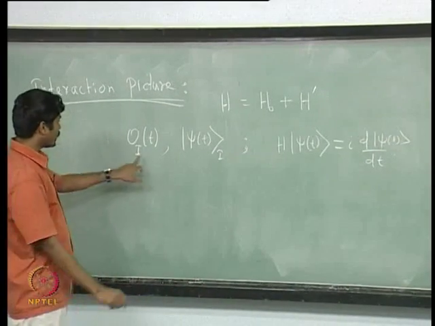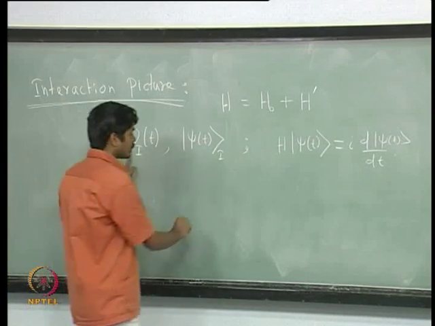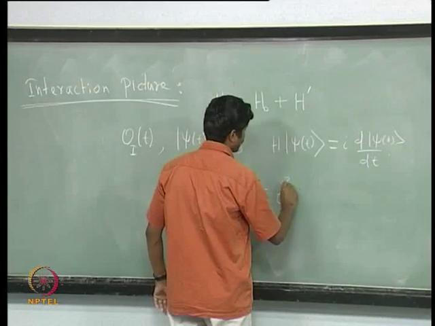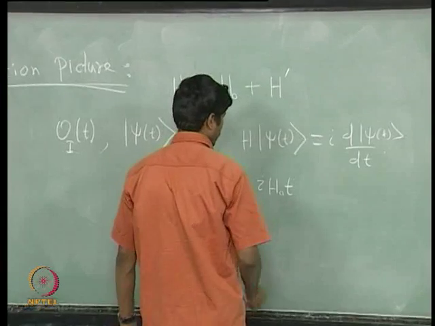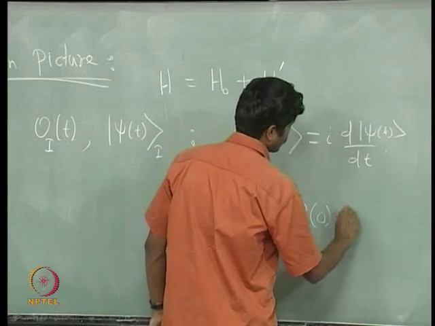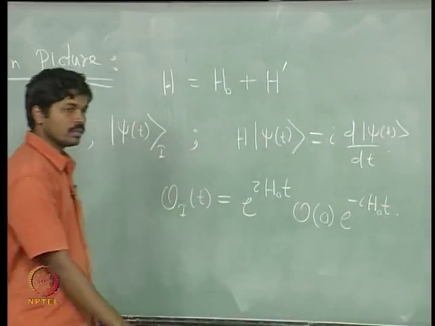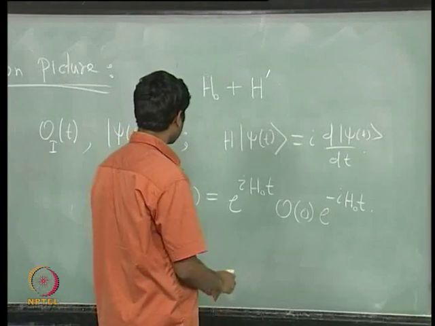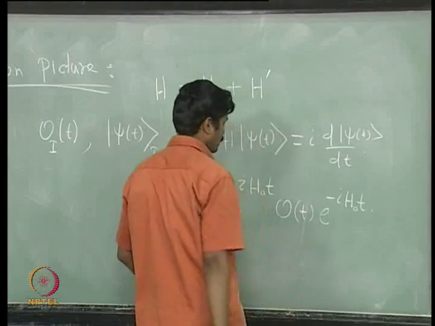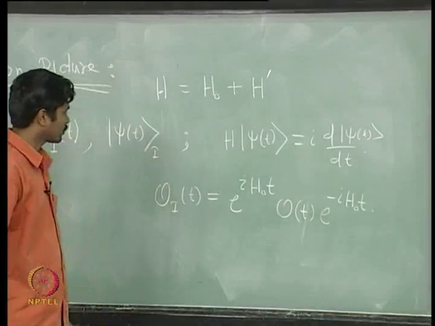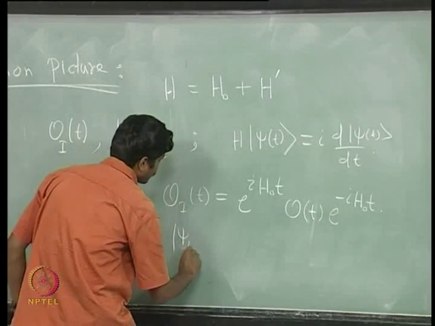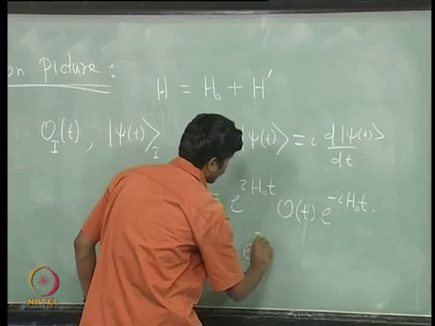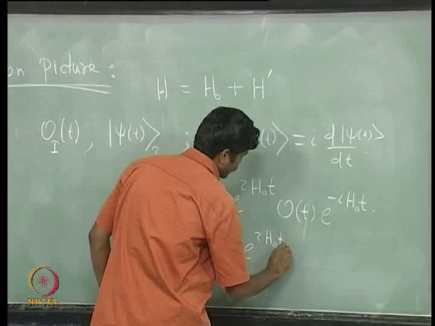What we can do is, we can first introduce the operators in the interaction picture by saying that the operator in the interaction picture is e to the power i H0 t A e to the power minus i H0 t, and I will introduce the state vectors in the interaction picture as psi_I of t, which is e to the power i H0 t psi of t.